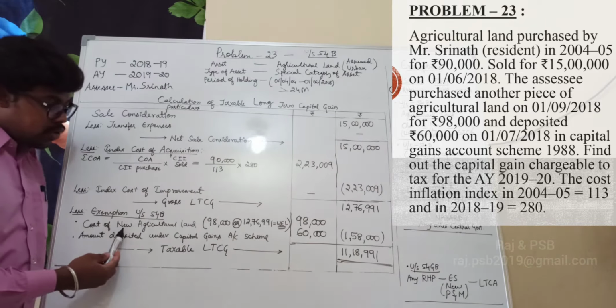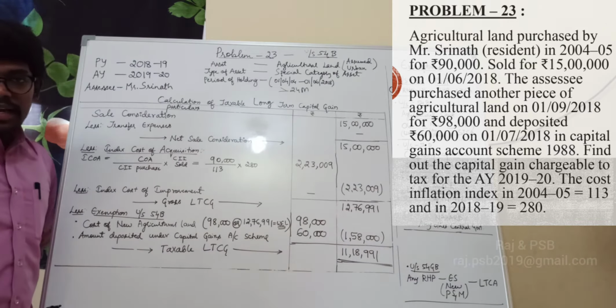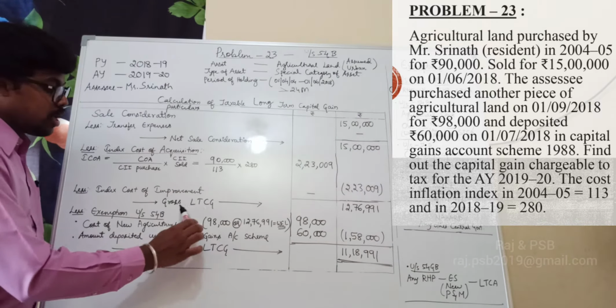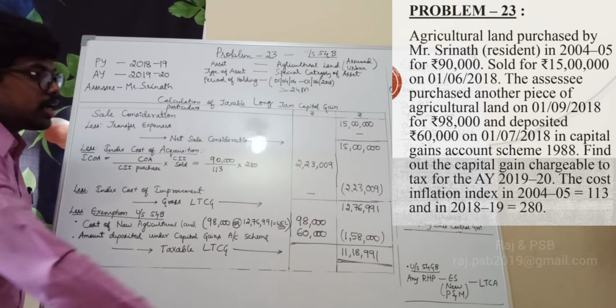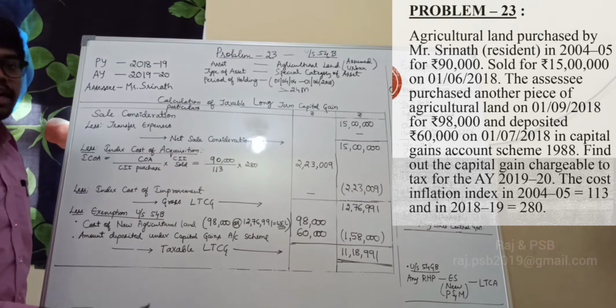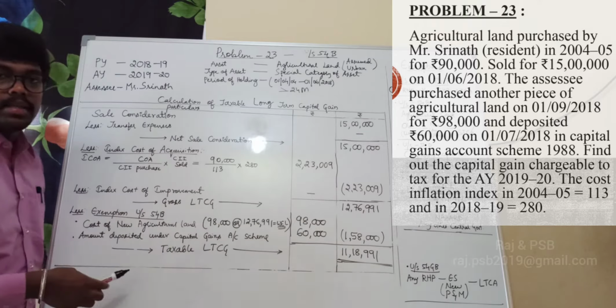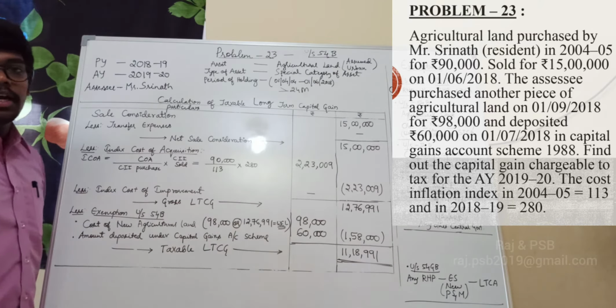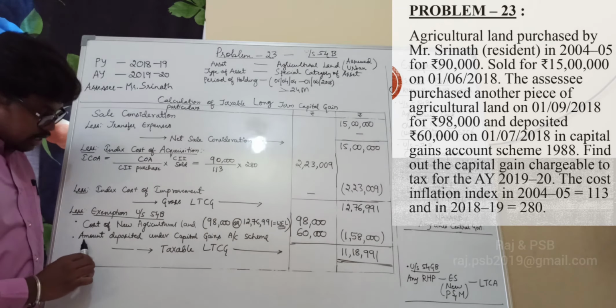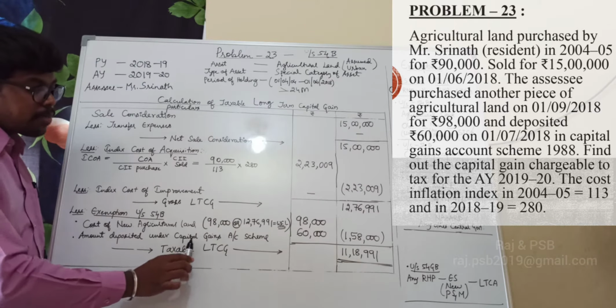So the cost of new agricultural land is 98,000 or gross long term capital gain, that is 12,76,991, whichever is less will be treated as exempted amount. So 98,000 will be exempted, and less amount deposited under capital gains account scheme.